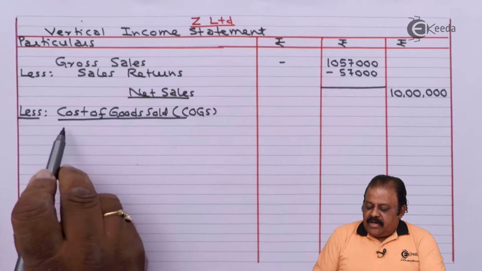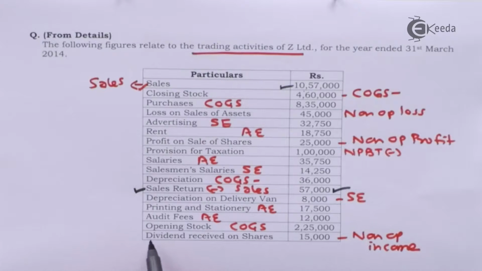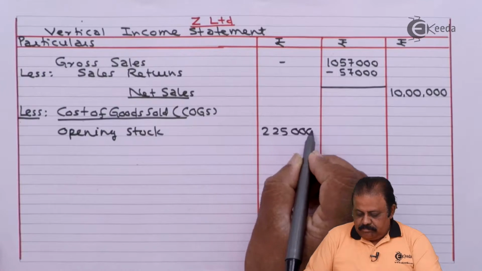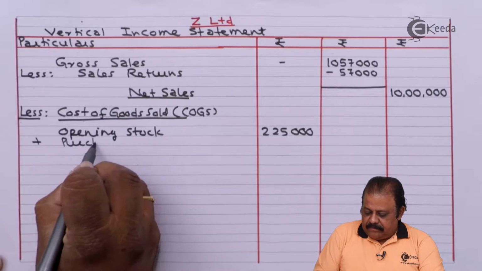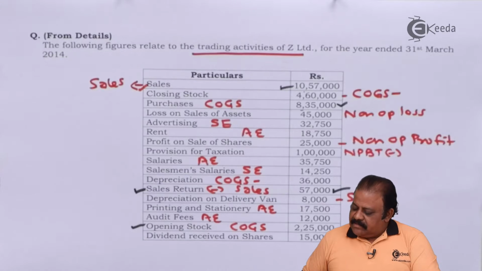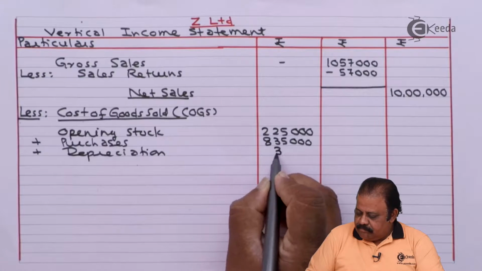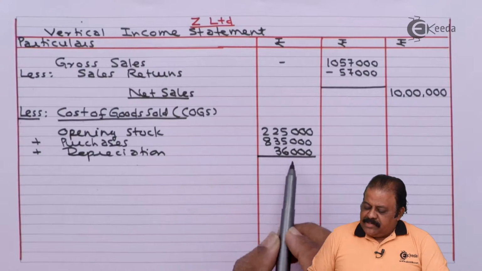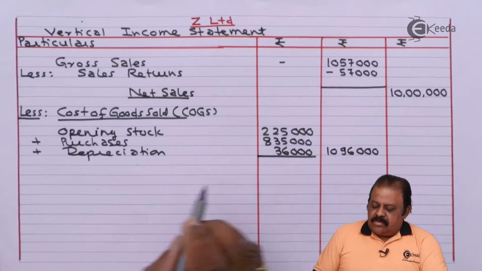From net sales we are required to deduct cost of goods sold. We start with opening stock 2,25,000, purchases 8,35,000, and depreciation on factory assets 36,000. Adding opening stock, purchases and depreciation, it is 10,96,000.